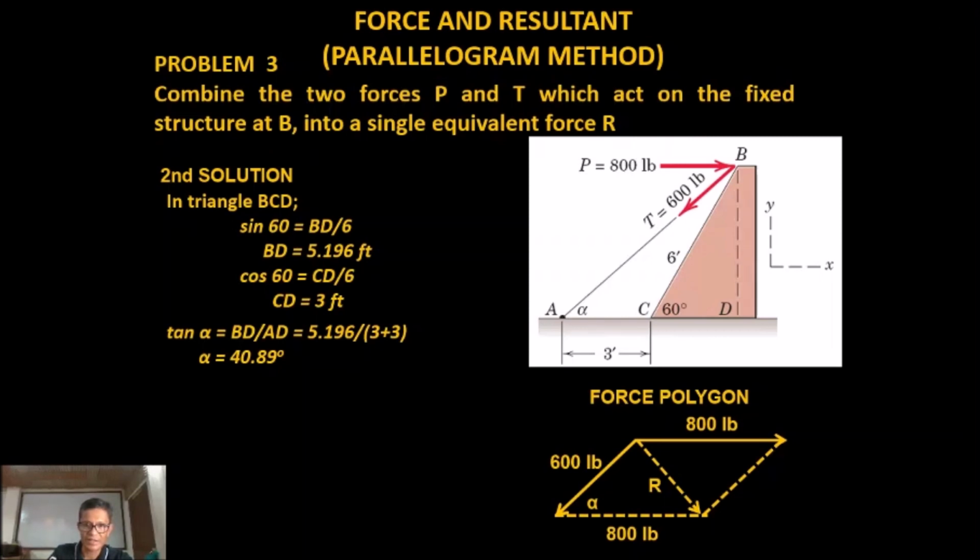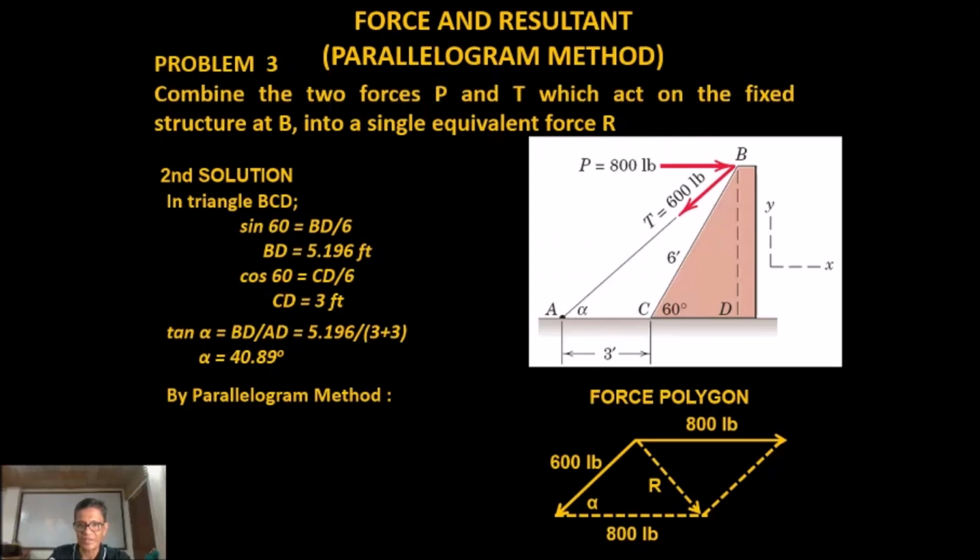Then you will see from the illustration that the angle of inclination of the 600 is alpha. From there we can see the triangle. By the parallelogram method, we use the cosine law, this time not the sine law, because the given are 600 and 800 and the subtended angle alpha.